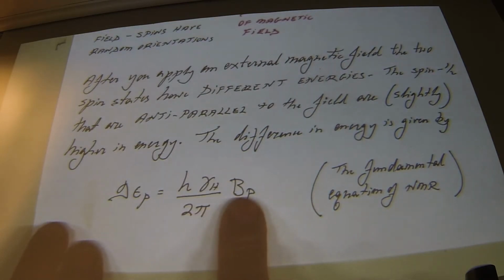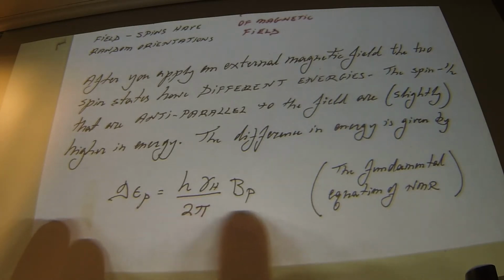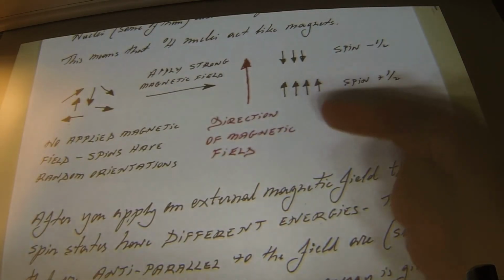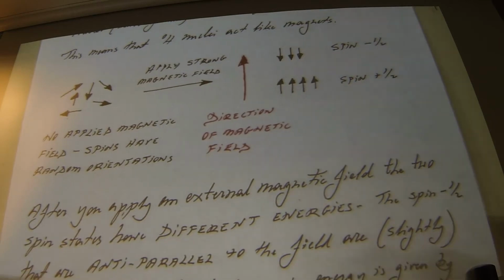The only thing you have to play with is the magnetic field strength. If you don't have a strong magnetic field, then this becomes a very small energy difference, and you don't see much change. But in the presence of a strong field, then the plus and minus 1/2 spins actually have enough energy difference that you can do the experiment. And so, what is a strong field? Well, a strong field is about 70,000 Gauss.